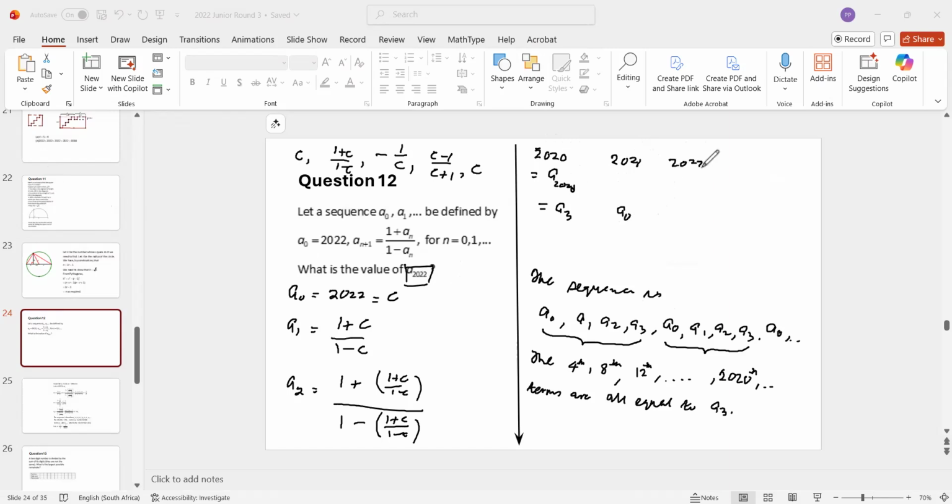And we are interested in 2022. After A3, you get A0. After A0, you get A1. So the 2022nd term is actually A1.